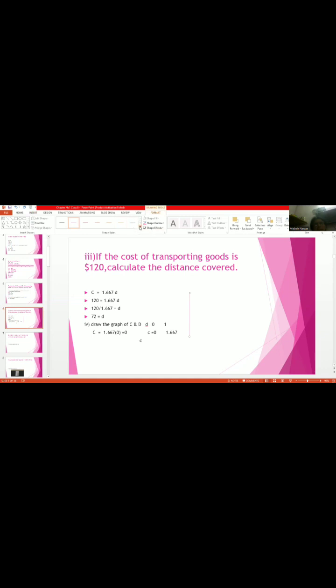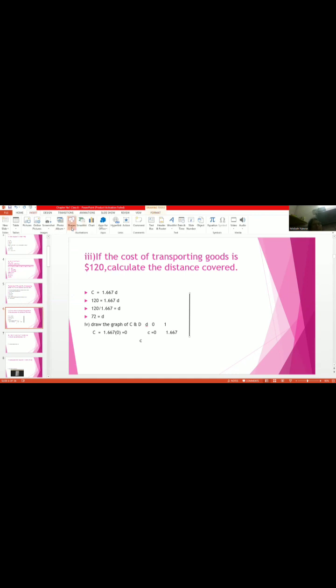Let me make it a little dark. Look here, okay? The vertical line is your cost, and the horizontal line is, obviously, the other value, that is D, the distance.